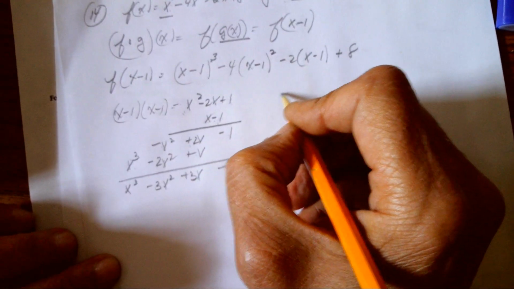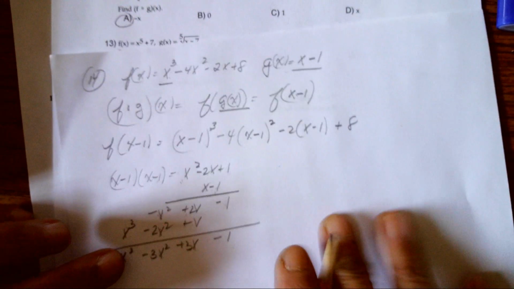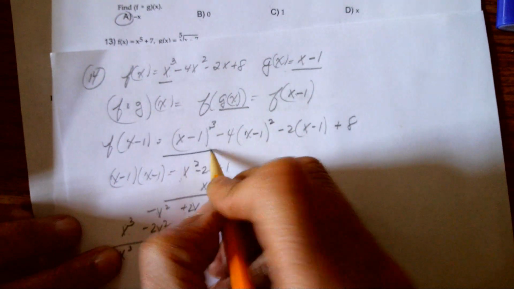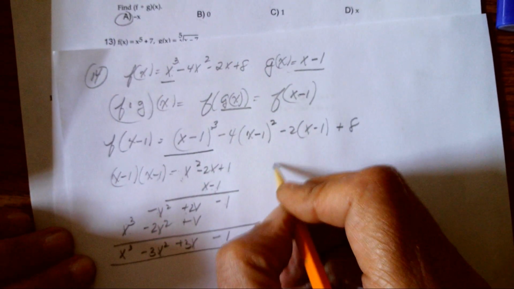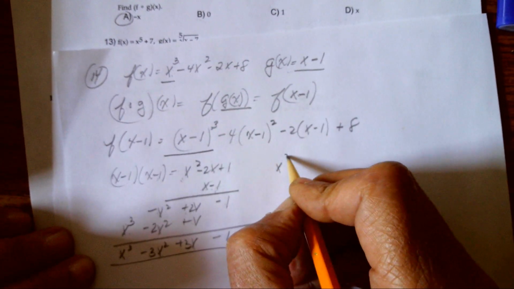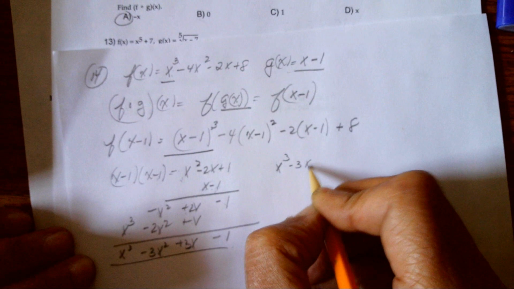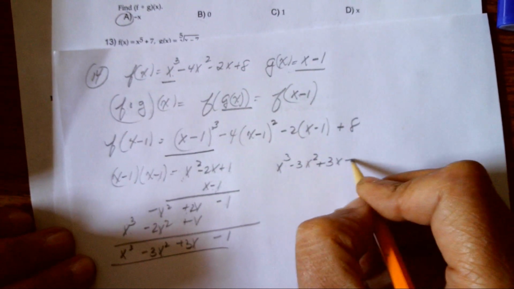So, wow, this is long. So what do we got here? In fact, let's see if I can write this. x cubed minus 3x squared plus 3x minus 1.